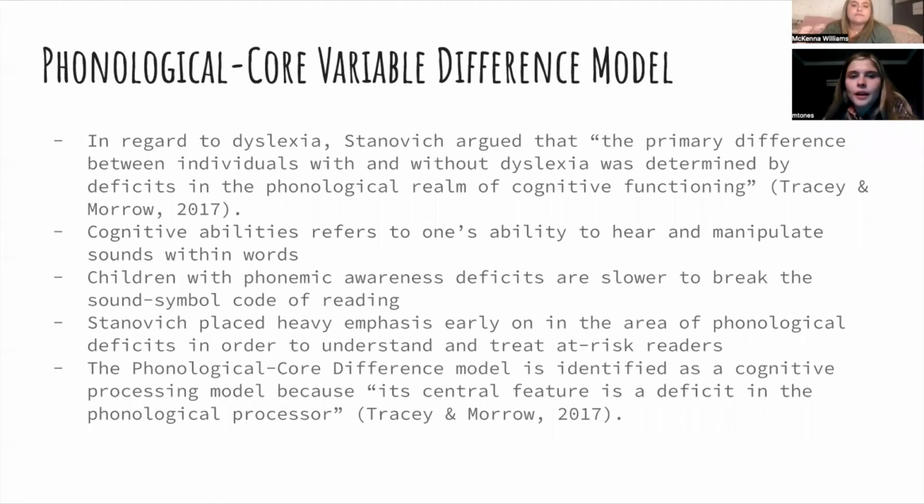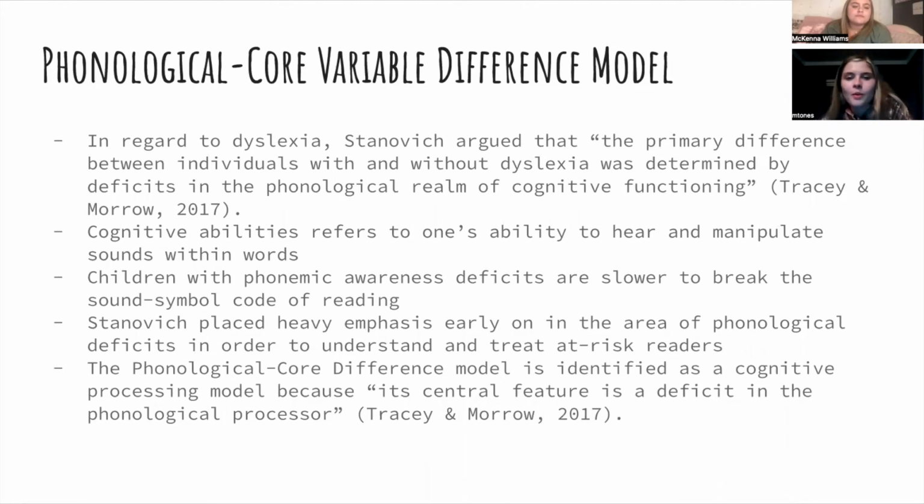Phonological core variable difference model. In regard to dyslexia, Stanovich argued that the primary difference between individuals with and without dyslexia was determined by deficits in the phonological realm of cognitive functioning. Phonological ability refers to one's ability to hear and manipulate sounds within words.